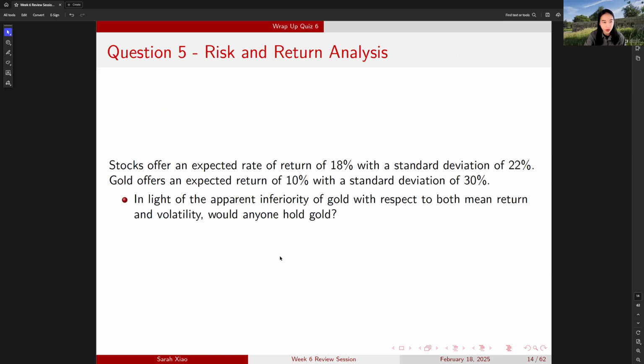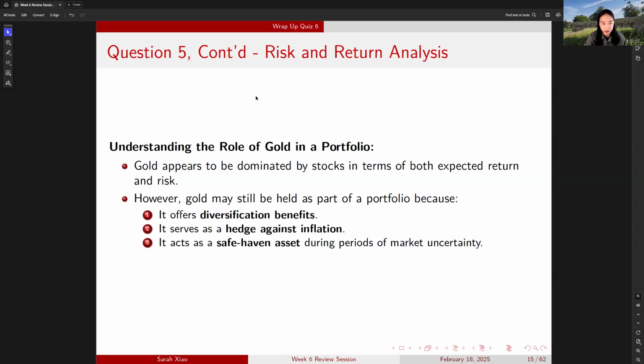Let's move on to question 5. How should we consider this question? We firstly want to understand the role of gold in the portfolio. Because we know that gold appears to be dominated by stocks in terms of both returns and risk, but gold may still be held as part of the portfolio because it offers diversification benefits.